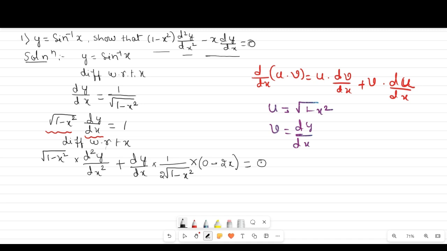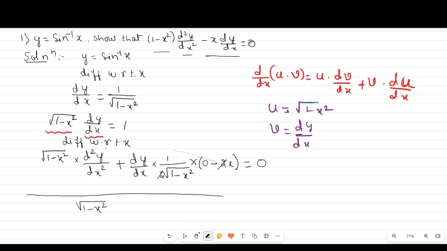Constant derivative is 0. Okay, so now what we should do, see here, actually this 2 and this 2 both will get cancelled. Okay, so in the denominator of the second term we are having root of 1 minus x square. So root of 1 minus x square, I will take as the LCM.